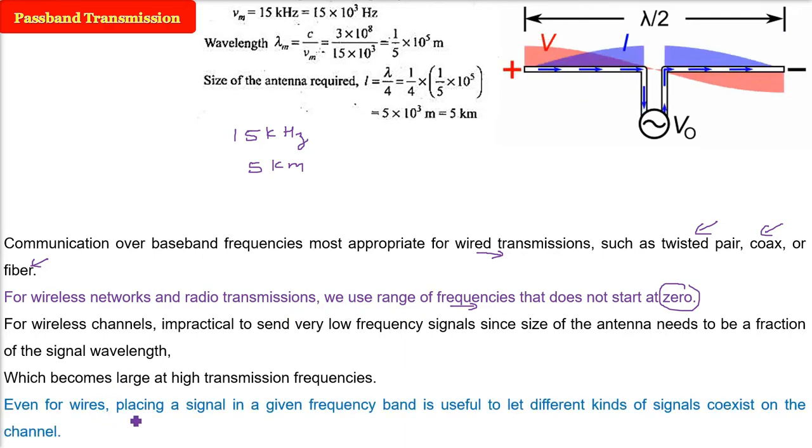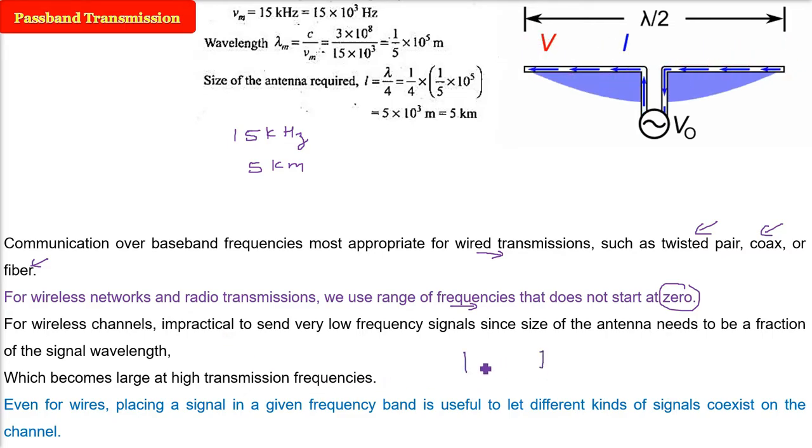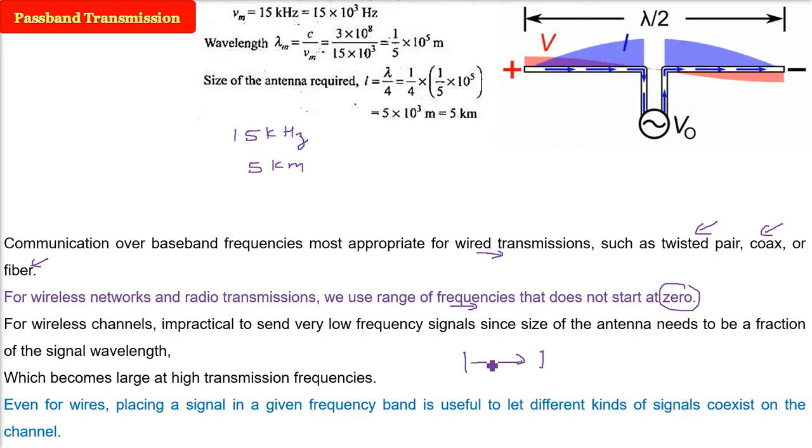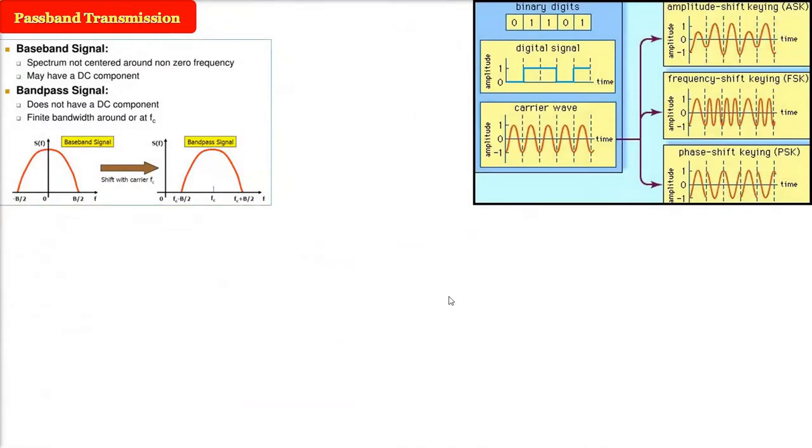Even for wires, placing a signal in a particular frequency band is useful, because that will allow different kinds of signals to coexist in the channel.